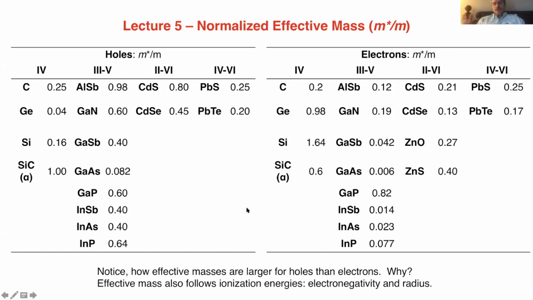You can also look at effective mass tends to follow ionization energies. So if the atoms are very electropositive, then the electrons are not going to be bound very tightly. And in the salt, the electrons will sit on atoms that are electropositive, like cadmium, for example. And the more electropositive they are, the lighter the electrons tend to be.